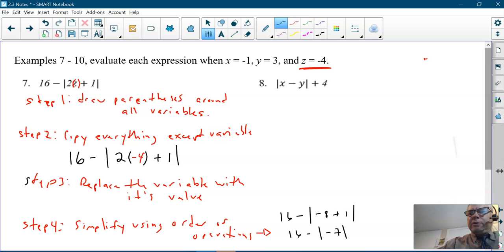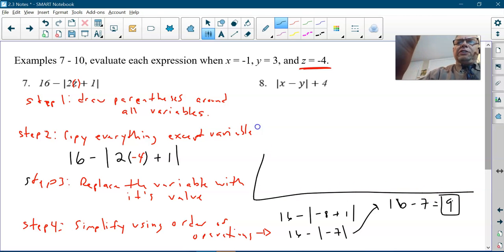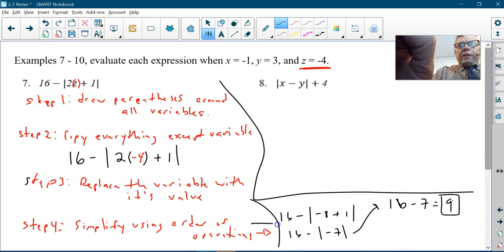Let me draw my work up over here. So 16 minus, and then what is the absolute value of negative 7? That's right, 7. And then 16 minus 7 is equal to 9. So the final answer for number 7 is 9. Whew, I took a lot of space for that. I'm not going to write the steps every time, but you should have these steps written down. So number 7, the final answer is 9.